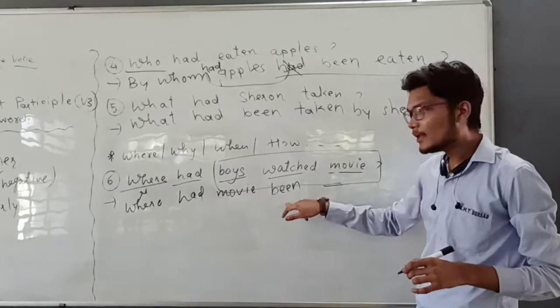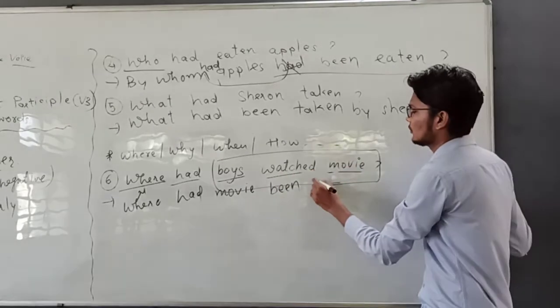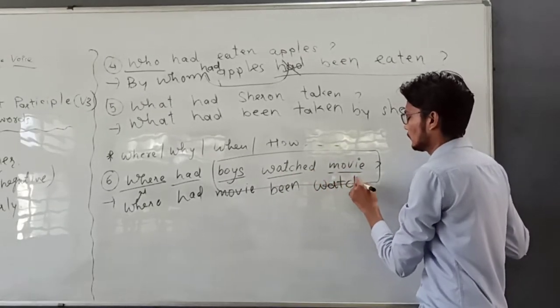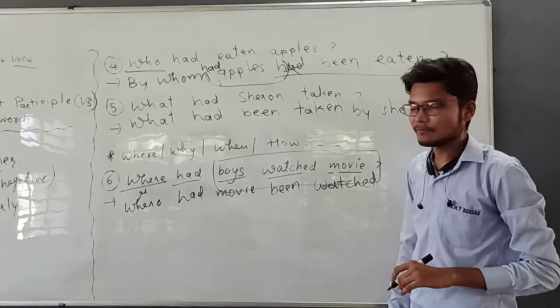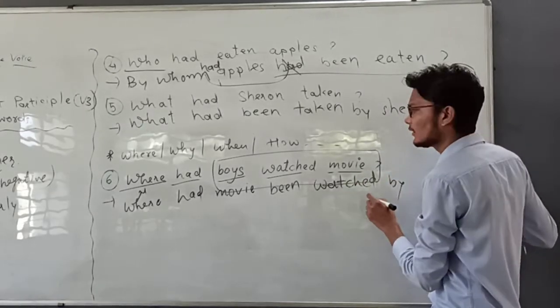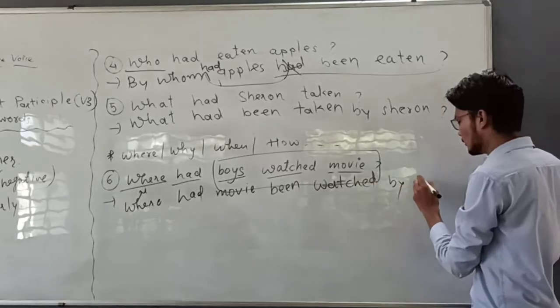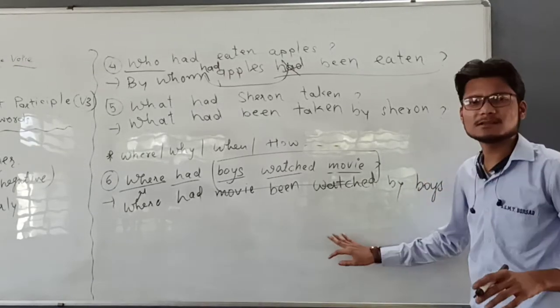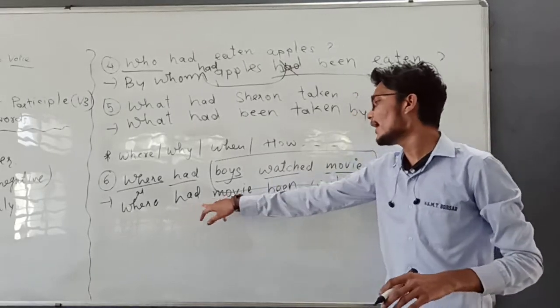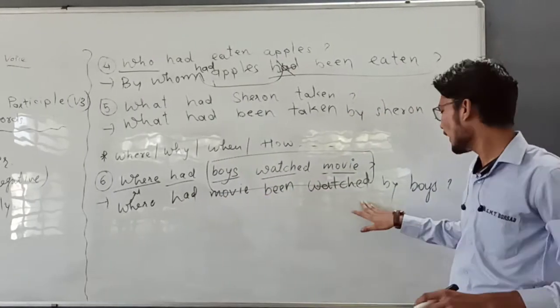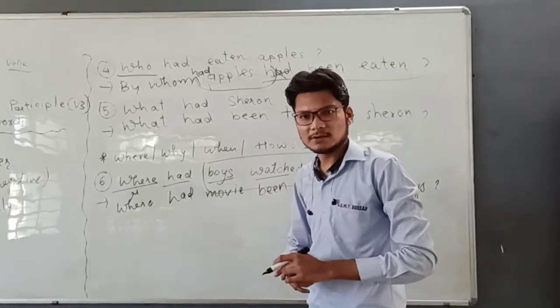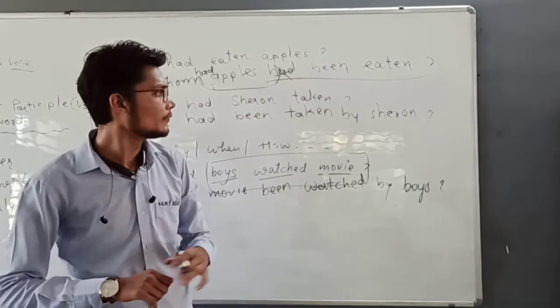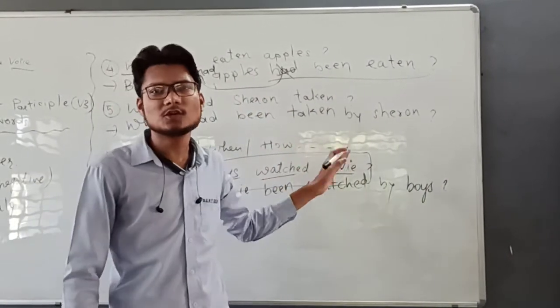Where had movie been. Then you write the past participle of the verb, then "by" and the subject, boys. And at last the question mark. The answer must be like this: Where had movie been watched by boys? So this is how you can change from active voice into passive voice.